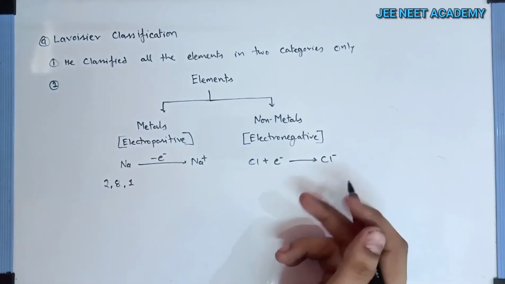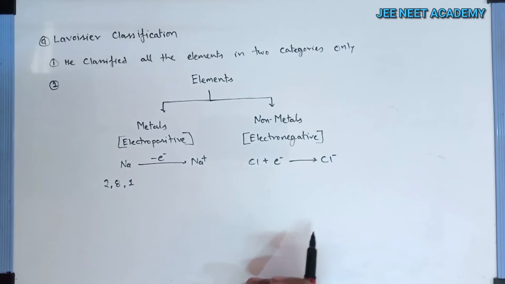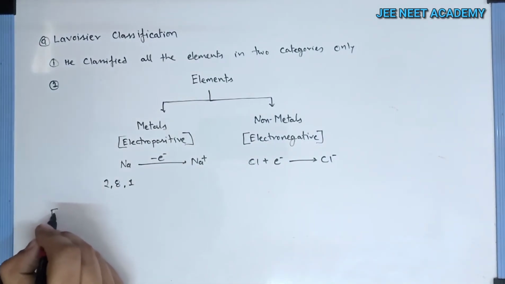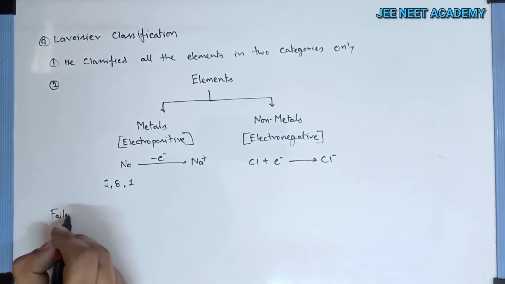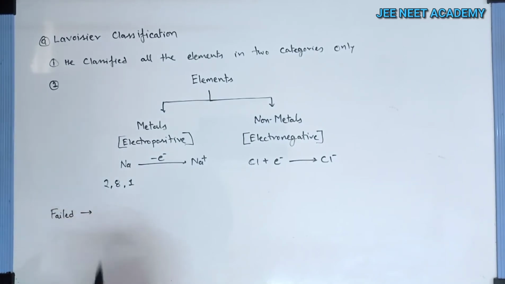So it was categorized as a non-metal. As some elements got discovered which have metals and non-metal characteristics, Lavoisier's classification failed. Okay, failed. There's one point why it failed.